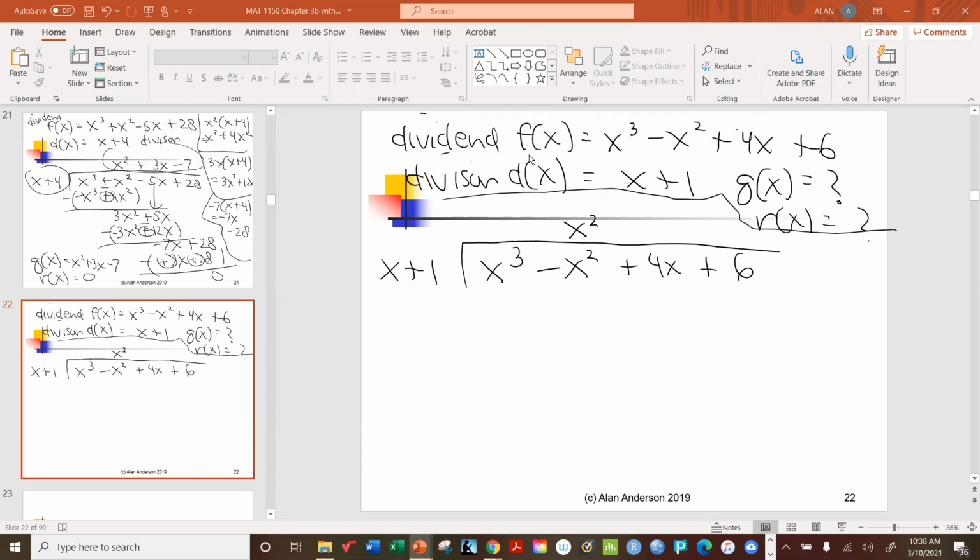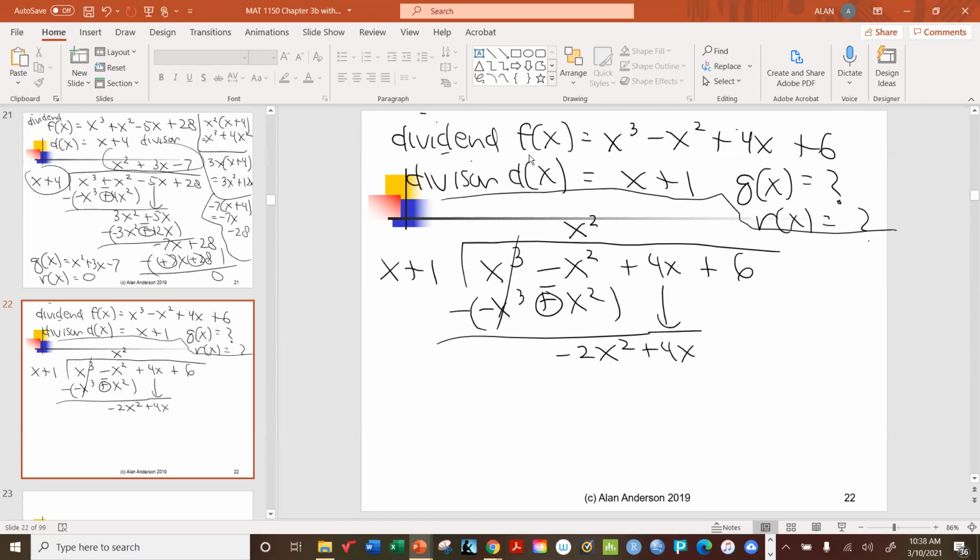All right. So x squared, if I multiply this by the x plus 1, I have x cubed plus x squared. Now you subtract, which means you're changing the signs inside here. These drop out, which is what we were aiming for, minus 2x squared, and then you have to bring down the next term. Now we need to get rid of this minus 2x squared, so let's try minus 2x. Because now, if I multiply that by the divisor, I get minus 2x squared minus 2x.